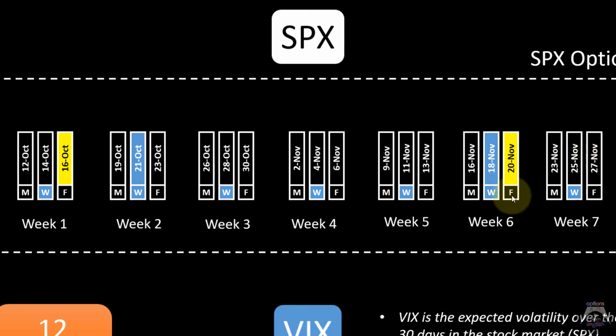Okay, now 30 days before the standard expiration of SPX option, we're going to have a standard expiration of VIX products. This is why I have this one in all blue, not only the W, but all blue, because this one is going to be 30 days before the standard expiration of SPX options for November.